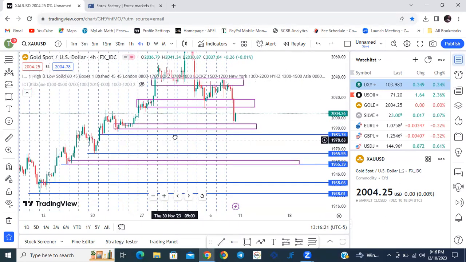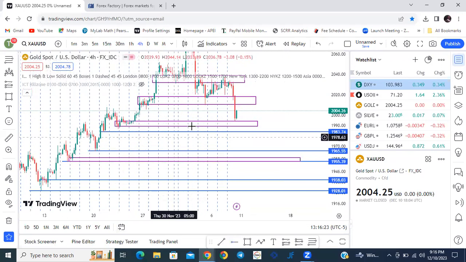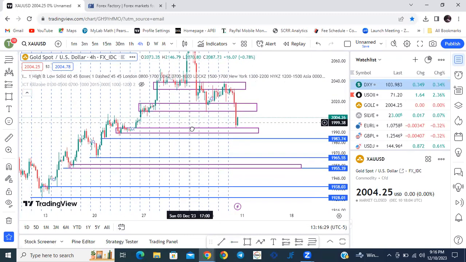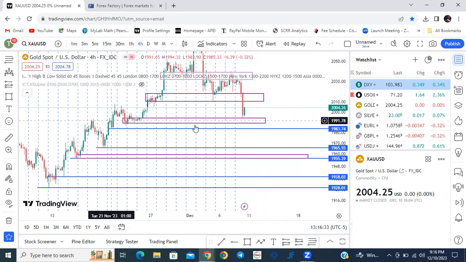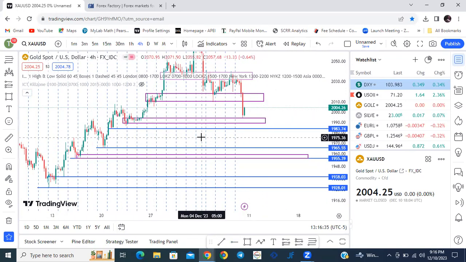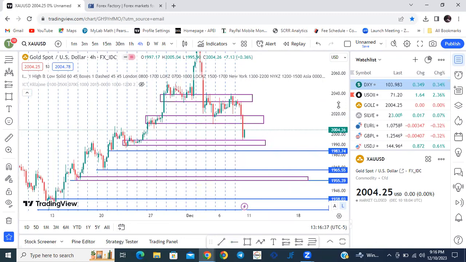So it might continue with this model. Remember, I talked about this model. I explained it sometime back: once you see this type of model forming, the price will always keep replicating itself.